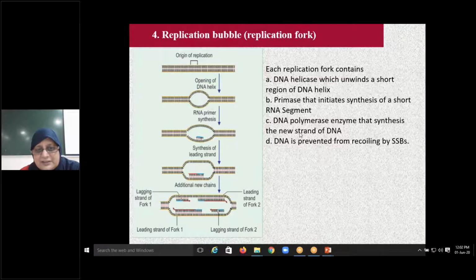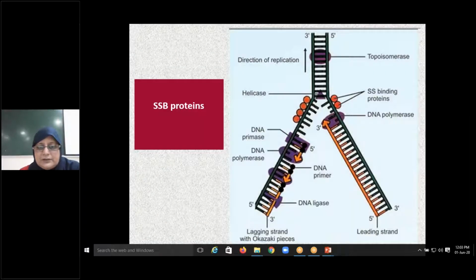So synthesis of the new strand will occur with the help of this DNA polymerase enzyme, and DNA is prevented from recoiling by single-stranded binding proteins. Here you can see they help to keep the strands separate.